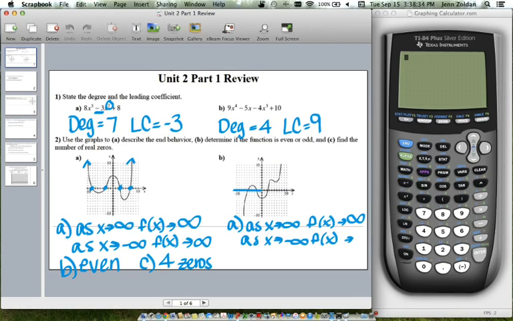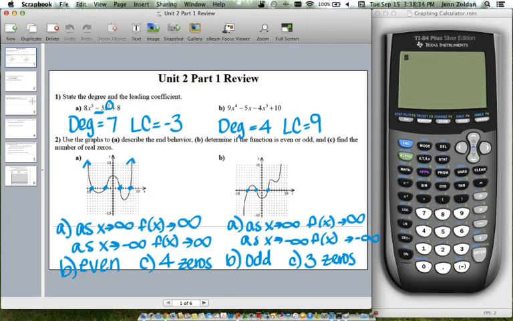As I move to the left on the x-axis, my graph is going down towards -infinity. Since my ends are going in opposite directions, that makes this function odd. And then part C, the number of real zeros, just count how many times it crosses the x-axis, and it crosses 3 times, so you have 3 real zeros.